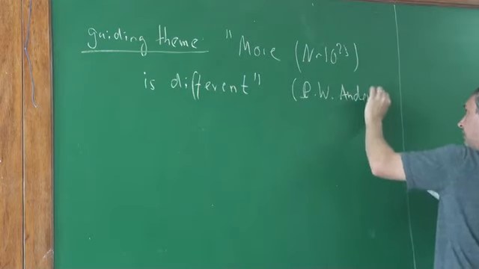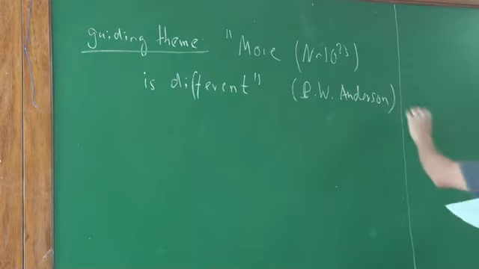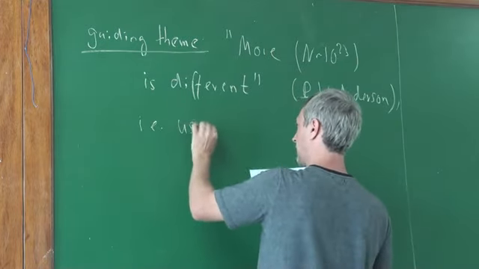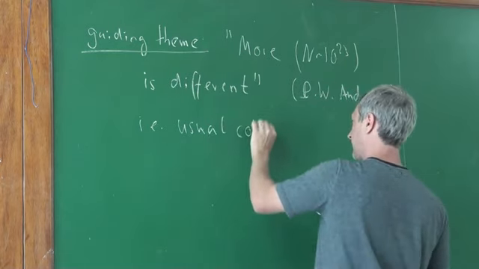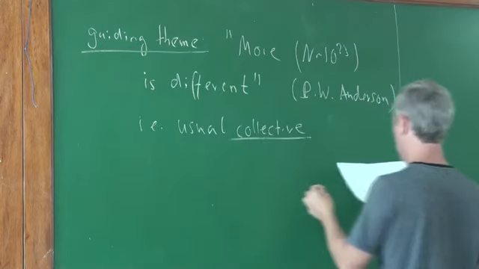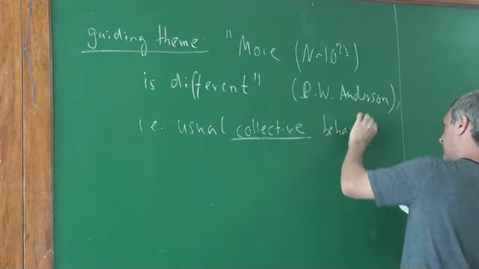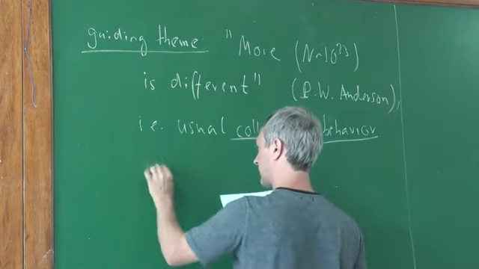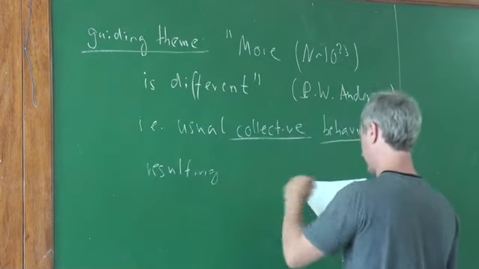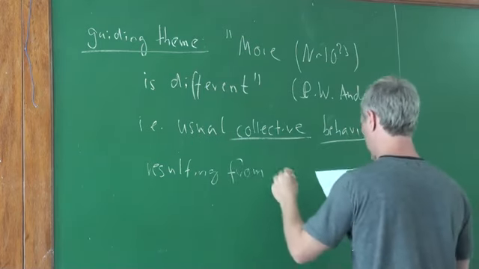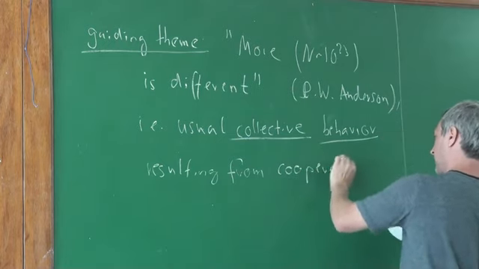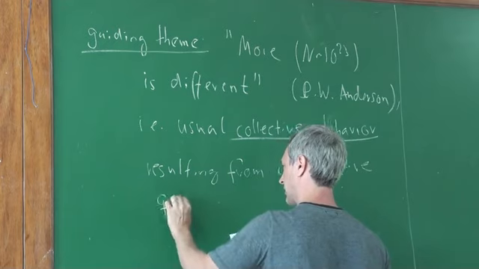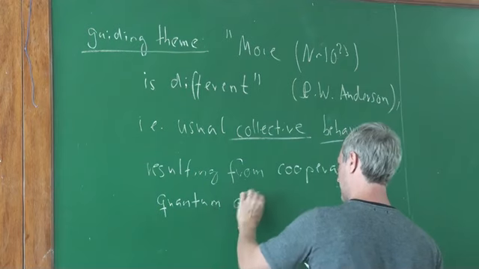What this means is that typically what we find is an unusual collective behavior, which results from the cooperative quantum or classical behavior.